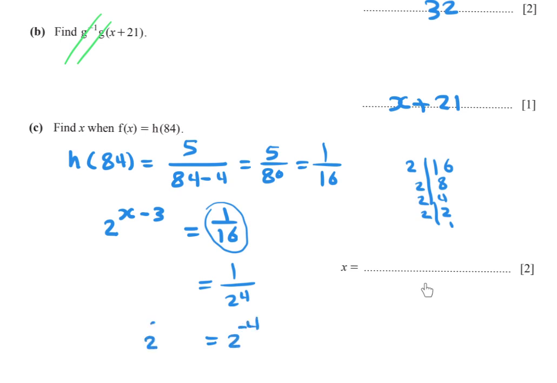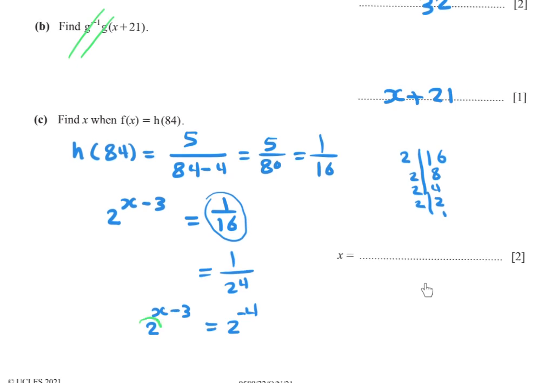So 2 power x minus 3 equals 2 power negative 4. So now we have the same base, so same power. So x minus 3 equals negative 4. Transpose negative 3 to the other side. So x equal negative 4 plus 3, which is negative 1. So x equals negative 1.